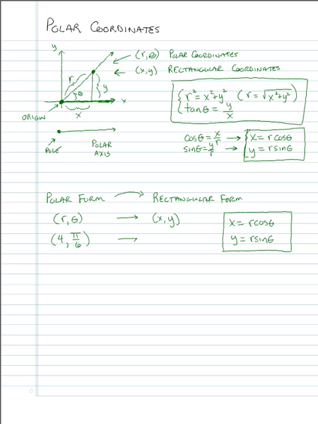Well, to do the conversion, what would we do here? We would say, okay, to calculate x, we would say r times the cosine of theta. And so that would be, our r value is 4, and our theta is pi over 6, so we'd say 4 times cosine of pi over 6.